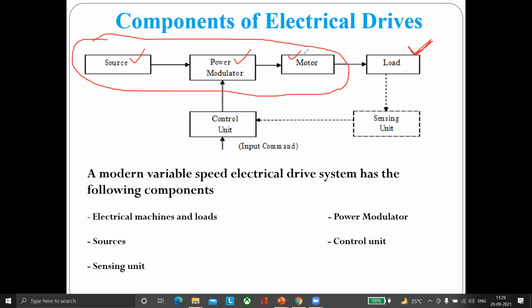If this system has an electrical motor, maybe an AC motor or DC motor, it is called an electrical drive. So in different ways we can give the definition of electrical drive.